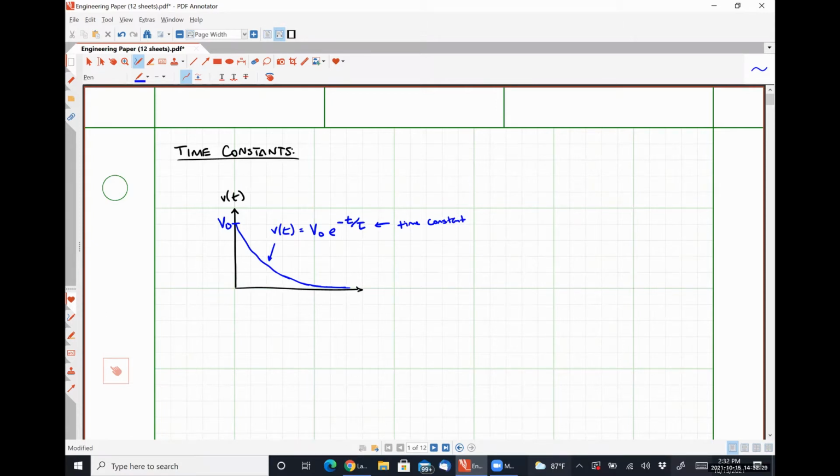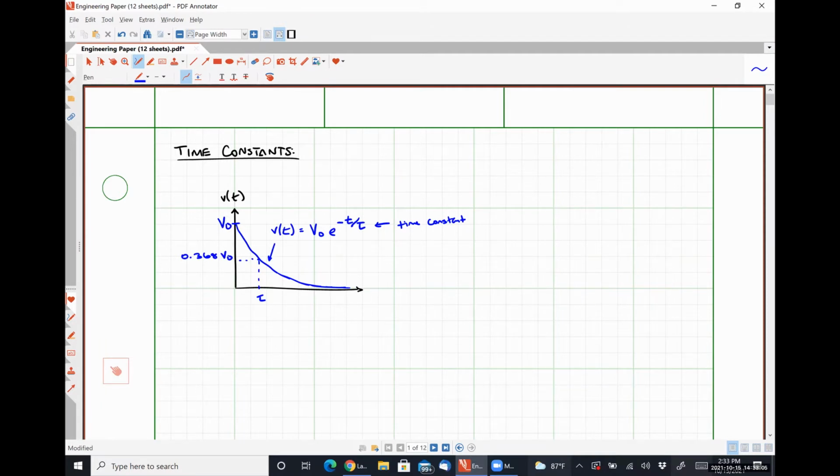Mathematically, what tau is, and I know this is going to seem real weird, but tau is how long it takes for this signal to decay to 0.368 of its original value.